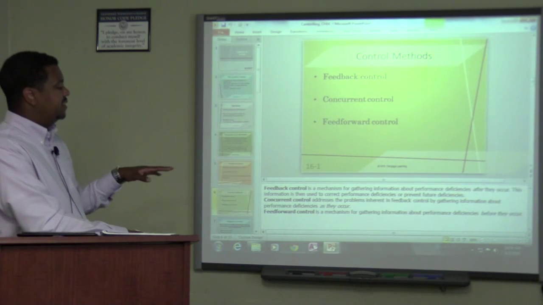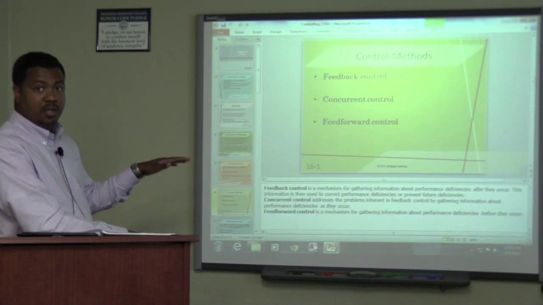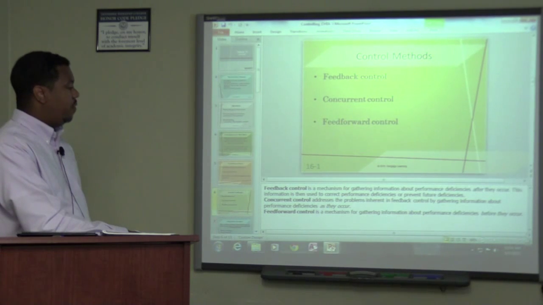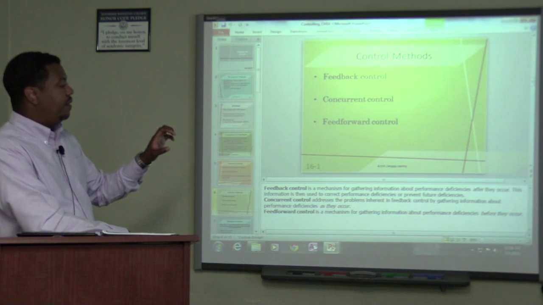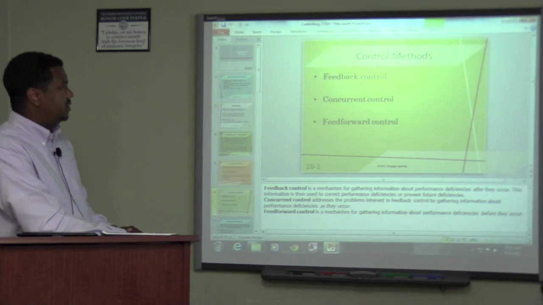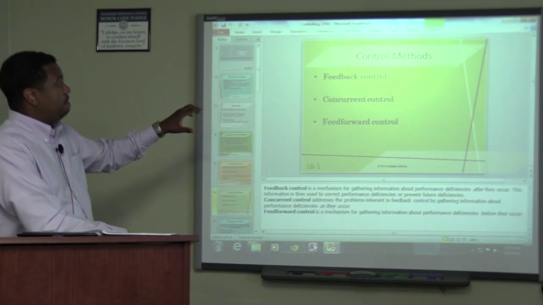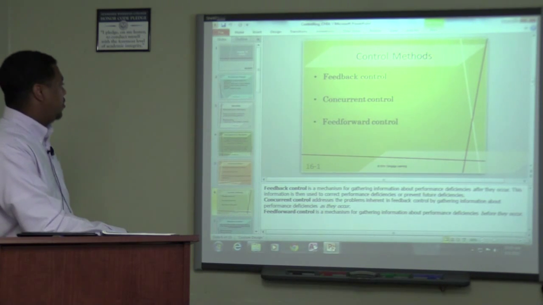Concurrent control is based on addressing problems that are currently taking place within our organization as they occur. Feed forward is that mechanism of gathering information about performance, about future events that may happen within our organizations. So when we think about control, this is a good way to develop clear mechanisms to move forward in our overall organization.